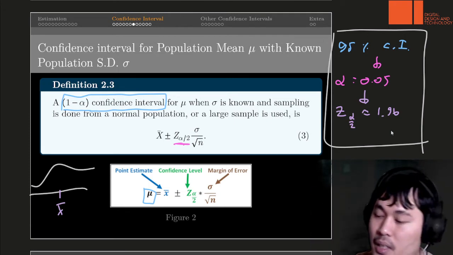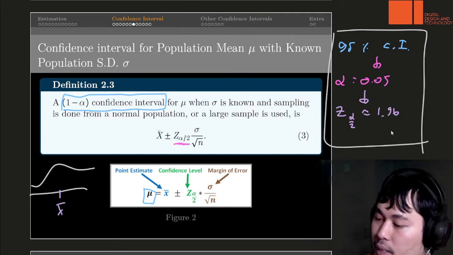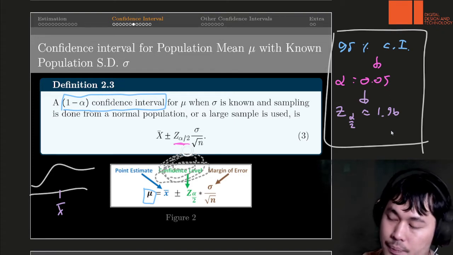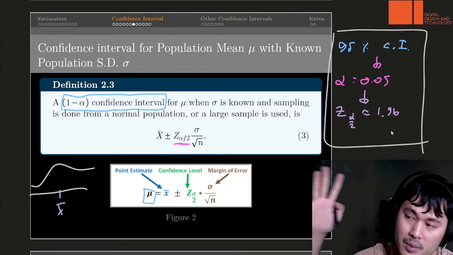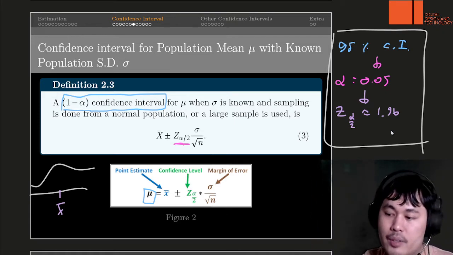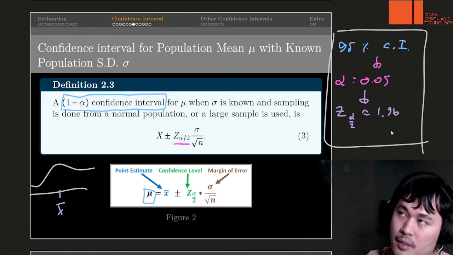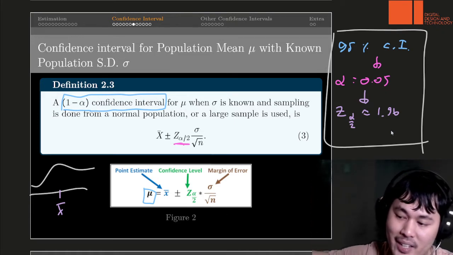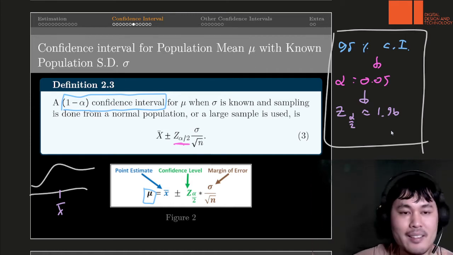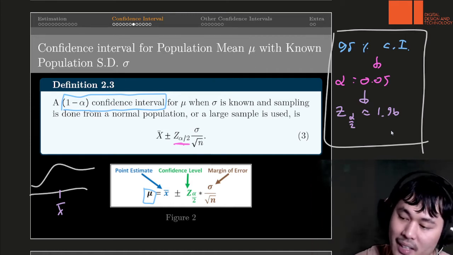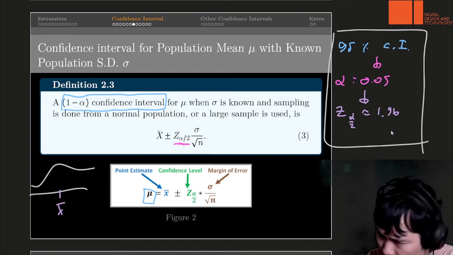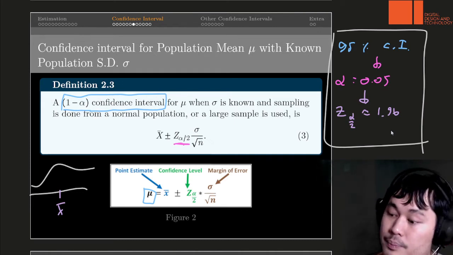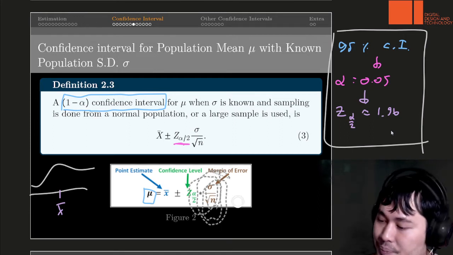I start from the number we have, and then use the confidence level, like the width. Do you want the width to be wide or narrow? You want to be very confident and get a very wide range, or you would get less confidence but get a narrower range. That's an exchange, and that's the margin of error.